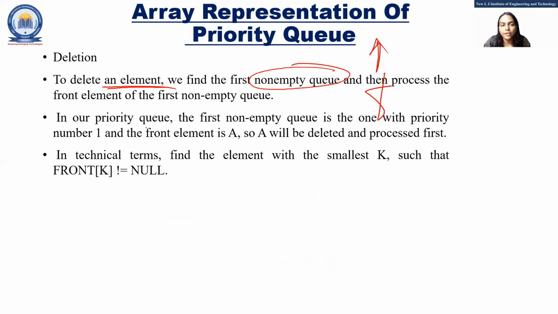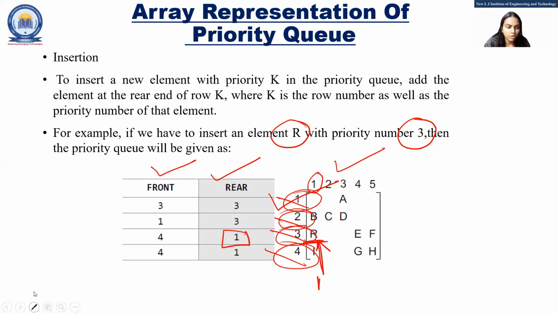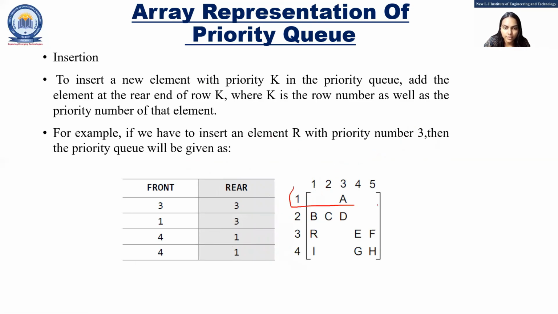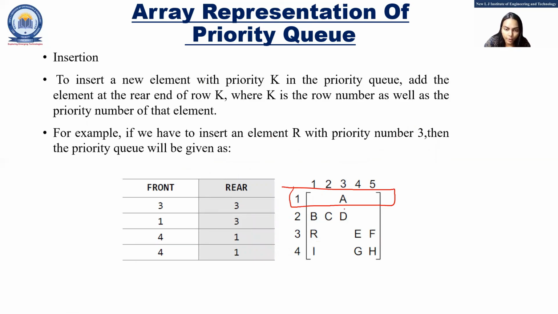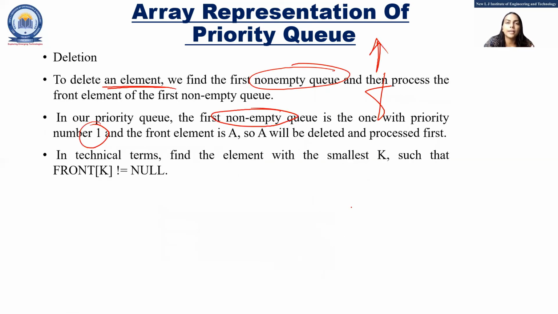So in our priority queue, this is the first non-empty queue, and the priority number is 1. And what is the front pointer pointing at there? It is pointing at 3. So the first element to be deleted is A and it will be processed first.